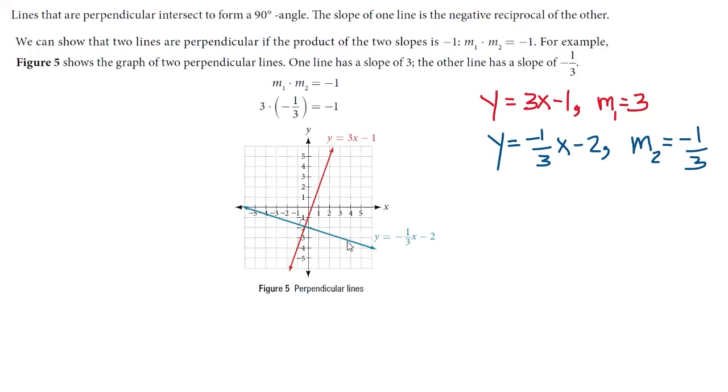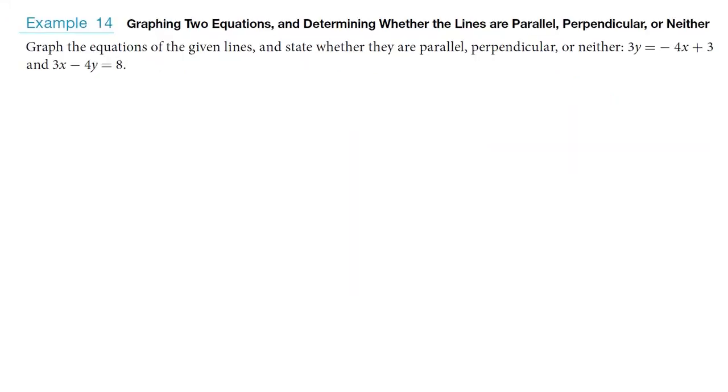Now we can see they're perpendicular, so if I do the multiplication m1 multiplied by m2, I will get 3 multiplied by negative 1/3, and that will equal negative 1. So I can see that these two lines are perpendicular because the slopes are negative reciprocals of each other, and when I multiply them together, I get negative 1.